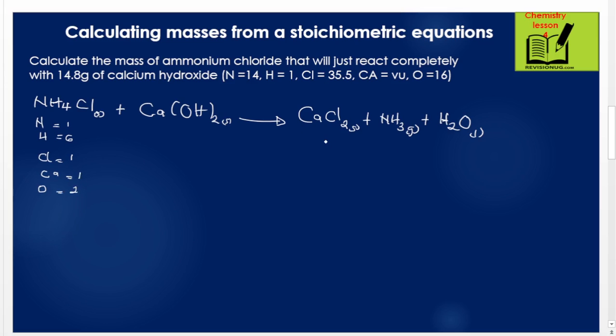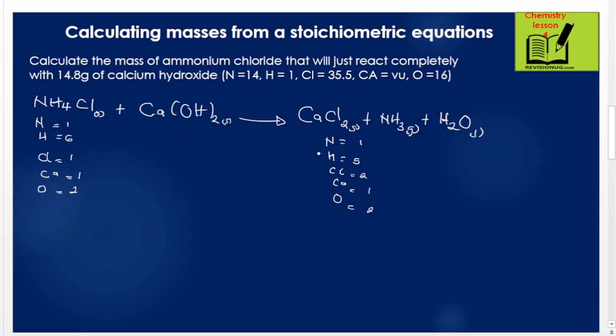Then we follow the same order on the other side. The nitrogen is 1, then hydrogen we have these 3 and these 2, now they become 5. Then chlorine is 2, calcium is 1, then oxygen we are going to have 2.